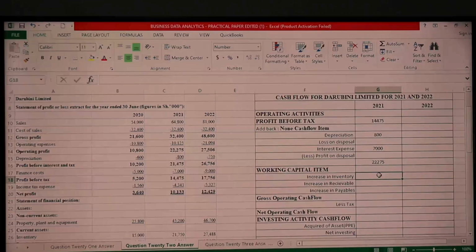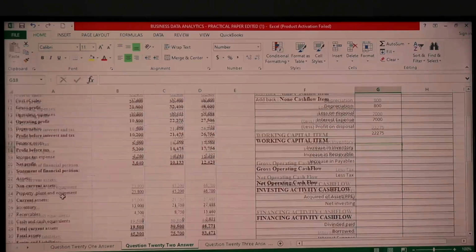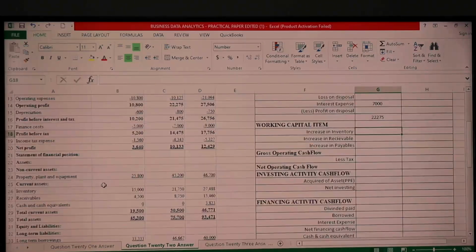We have inventory under the current asset. If you check very well, you'll find here under the current asset, we have the inventory, but we are looking for increase in inventory. That is, in 2021 we had 15,000, and in the other year we have 21,750.